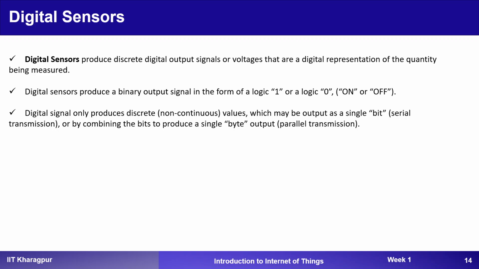Nowadays digital thermometers are there which are measuring your body temperature and producing discrete values, such as 97.8 or 95, whatever. So these are your digital sensors. Digital sensors only produce discrete values which may be output as a single bit or by combining these bits to produce a single byte.